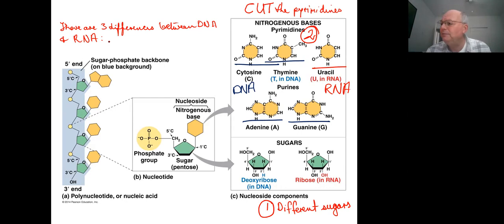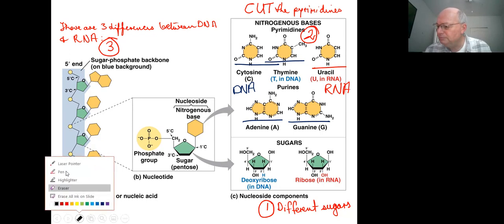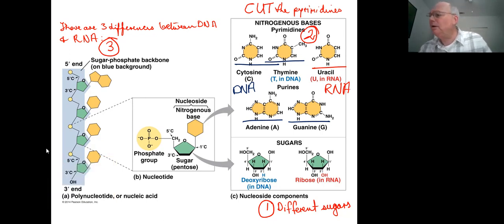The third difference, sorry, DNA is double-stranded. That's horrible writing. Let's see if I can do this better.